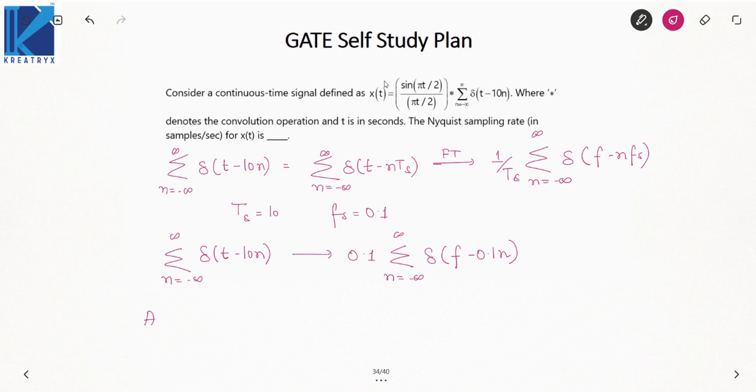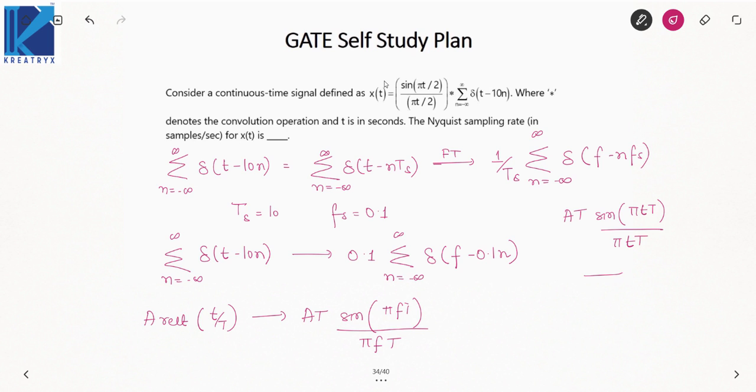We know for a rectangle(t by T), the Fourier transform is T sinc(fT), that is sin(pi fT) divided by pi fT. If you take the duality property, sin(pi Tt) by pi Tt, the Fourier transform, I am directly using the even function property of the rectangle function, it will be this.